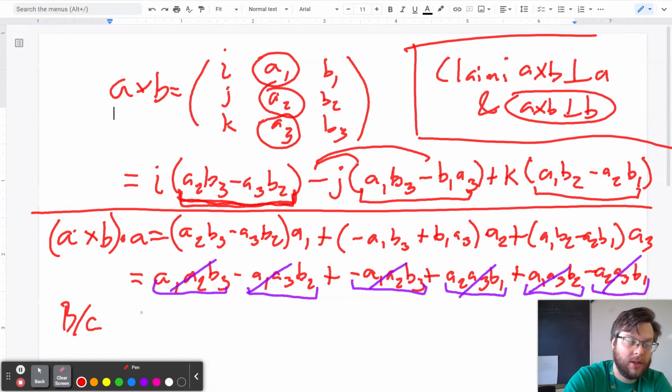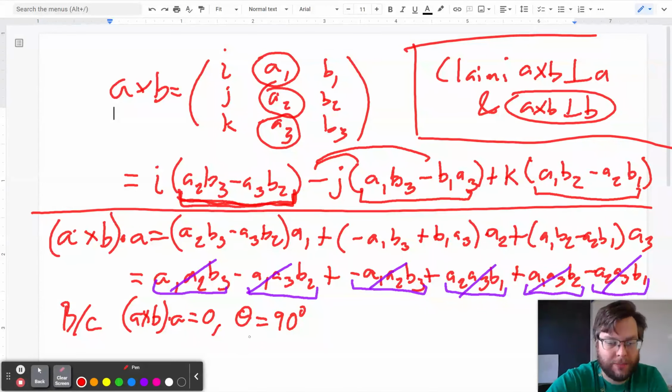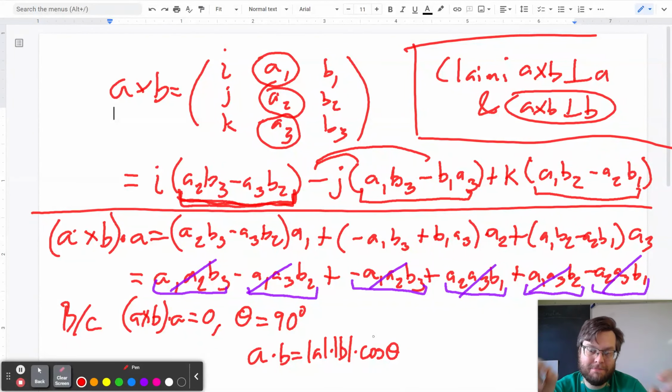And so, because A cross B dot A equals 0, theta equals 90 degrees. Because remember our dot product definition: A dot B is magnitude A times magnitude B times cosine of theta. We're claiming that A and B are non-zero.